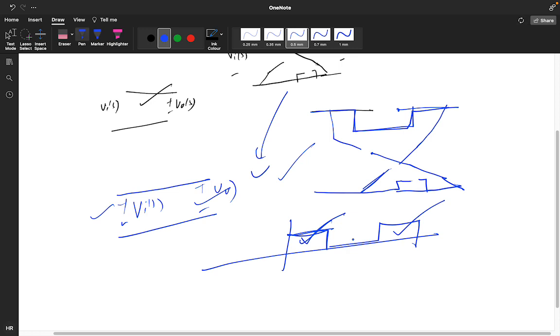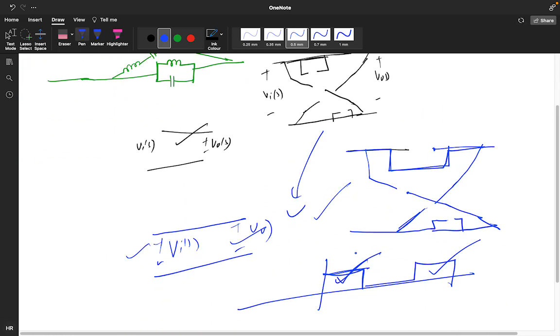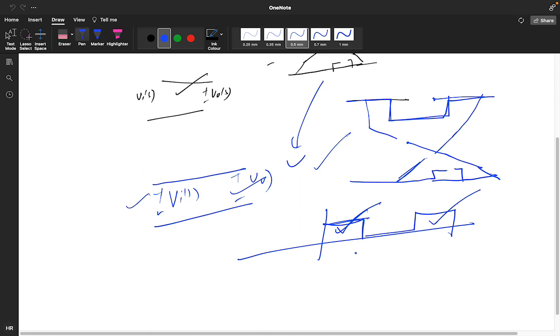For this you need to solve the transfer function, and you have to see whether your poles and zeros are canceling or not, so that you are getting equal parts on this side also. This is how you can solve this kind of question.